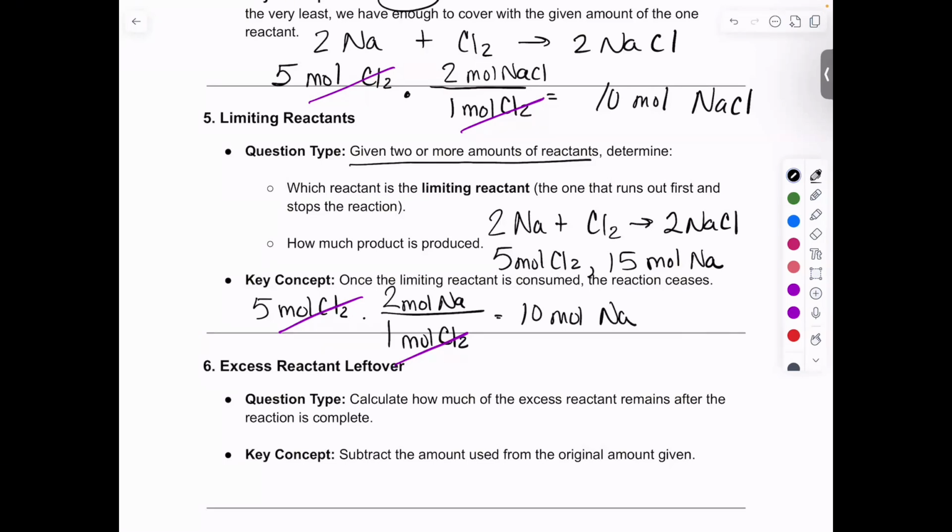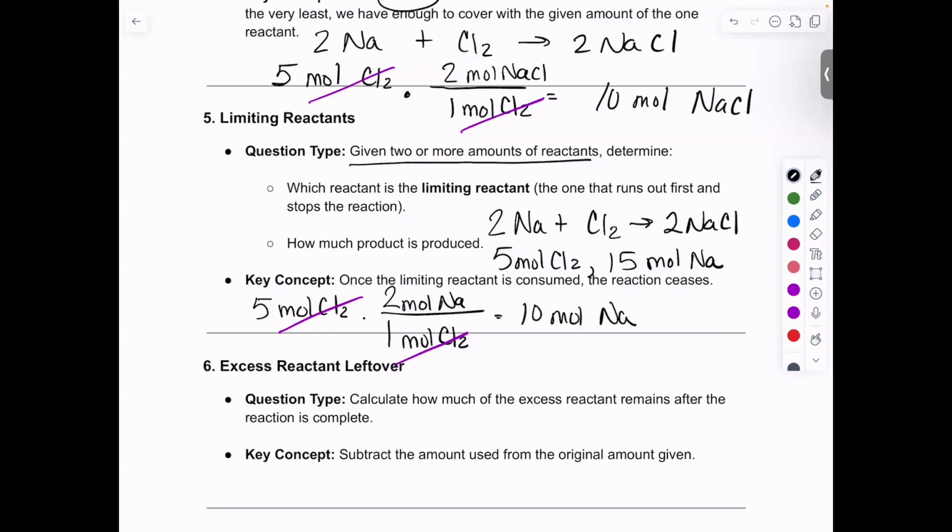I have 15. So what we now know is that when chlorine runs out, the reaction stops, and we'll have some extra Na left over. That would be number 6. I actually did part of number 6 and number 5 because I was doing the upfront analysis.